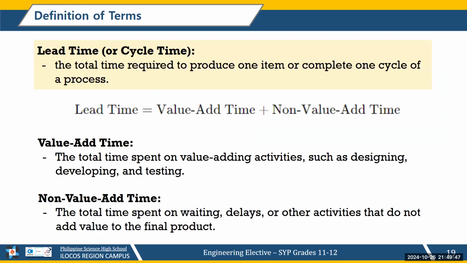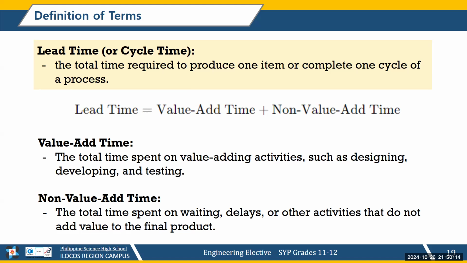Okay? So let's talk about the cycle time or the lead time. Kasi kanina ko pa 'to binabanggit. So let's define. Lead time is the total time required to produce one item or to complete one cycle of a process. Now, lead time comprises two components. You have the value add time and the non-value add time.